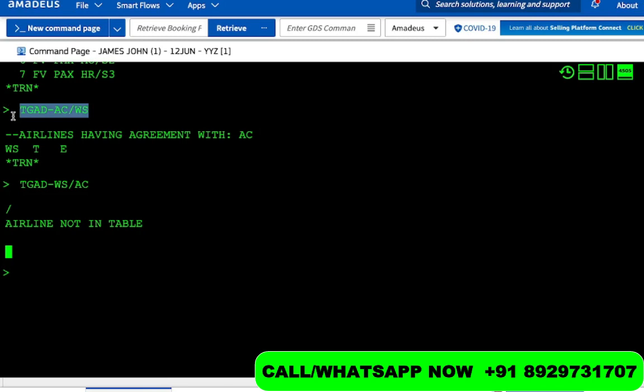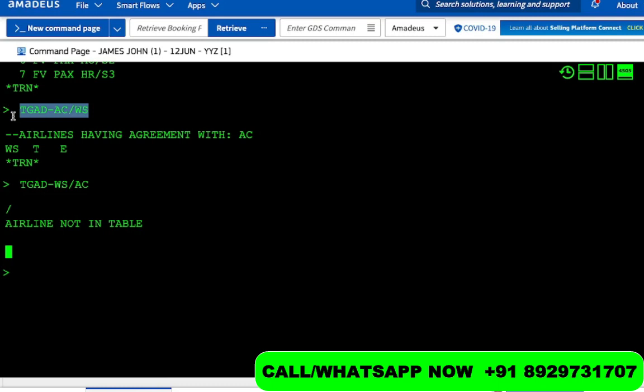You will not be using it a lot of times, but then yes, it is a part of your job. So sometimes you will come across scenarios where you have to combine two airlines. You need to see whether they allow you to price them together, and whether they allow you to issue tickets for them together or not.